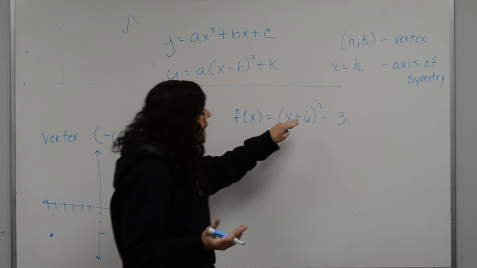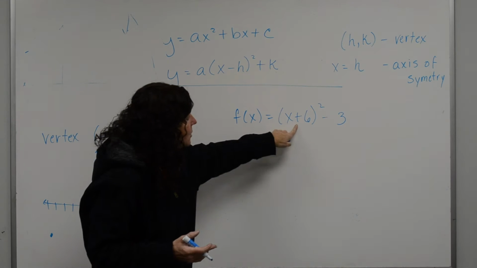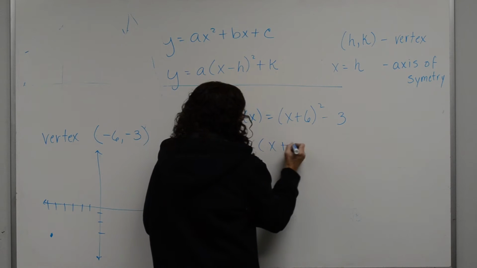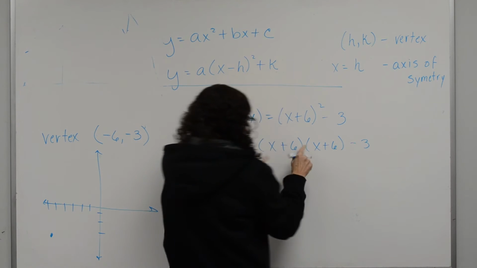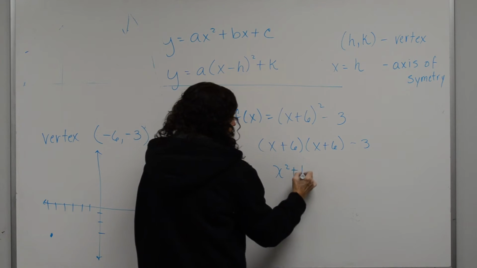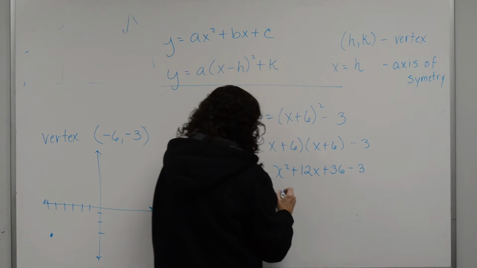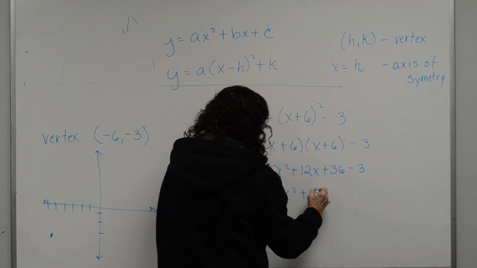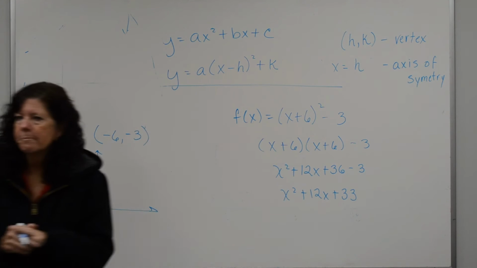Now, in order to do that, I'm going to have to turn around and convert it back to that. So I do FOIL on this. So I have x squared plus 12x plus 36 minus 3. So I have x squared plus 12x plus 33, right?